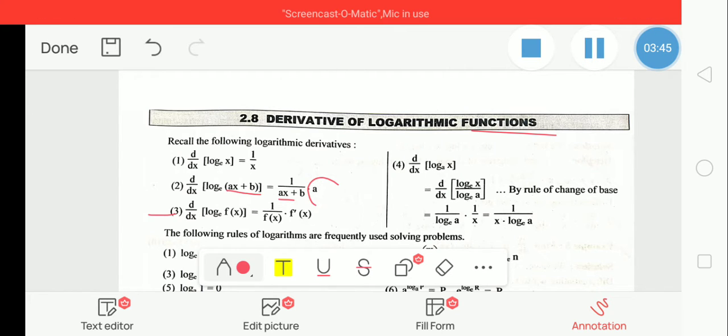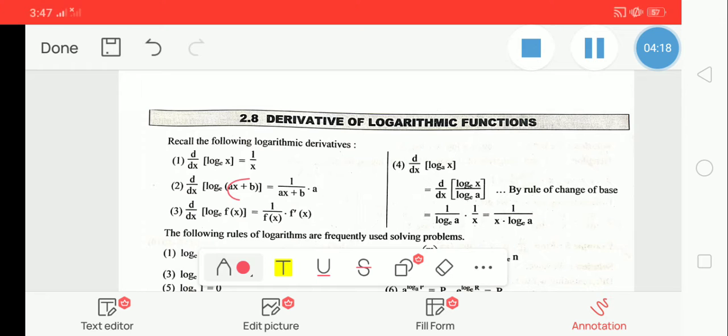Then next is the derivative of log of f of x. Here the function is a logarithm of a function, so it gives 1 by f of x, then f of x is differentiated, meaning f dash of x. Same here, f of x means x, so it gives 1 by x, then we differentiate ax plus b, so it gives a. Here ax plus b we differentiate, so b, a constant, gets cancelled, and for x only a remains, so a is multiplied here. And f of x differentiated gives f dash of x.